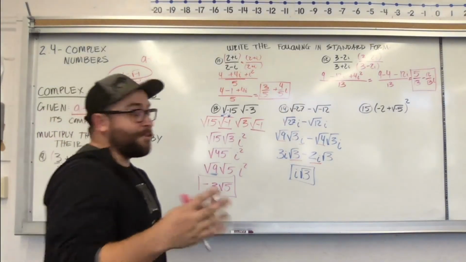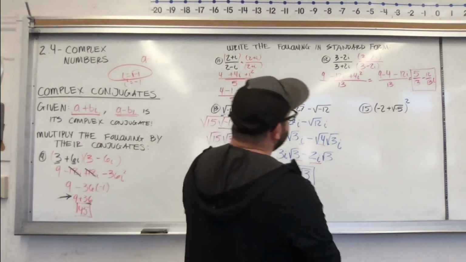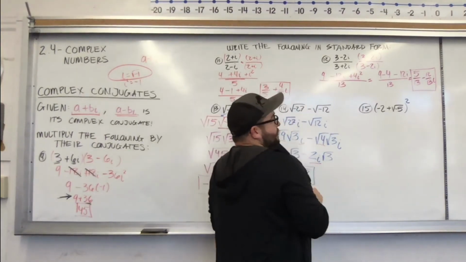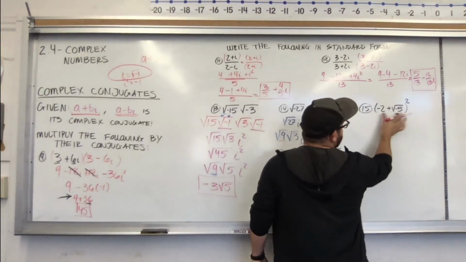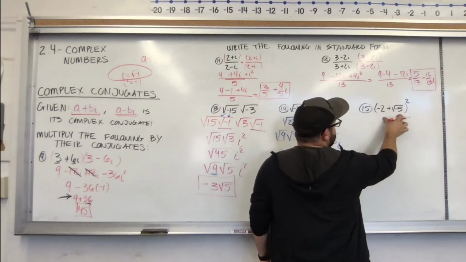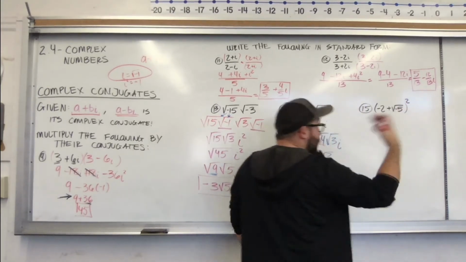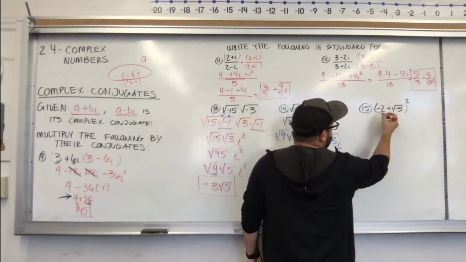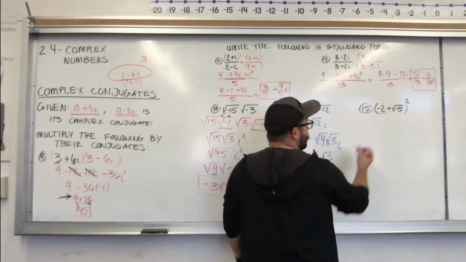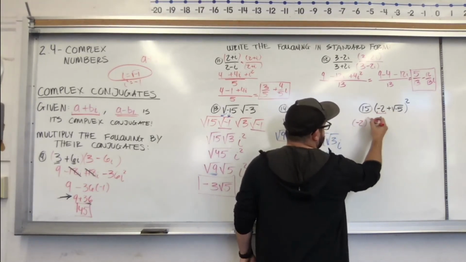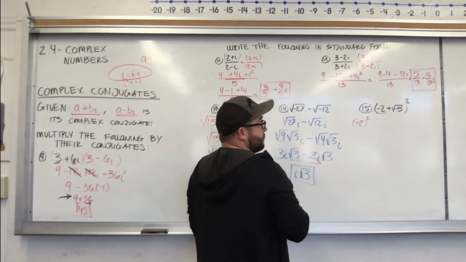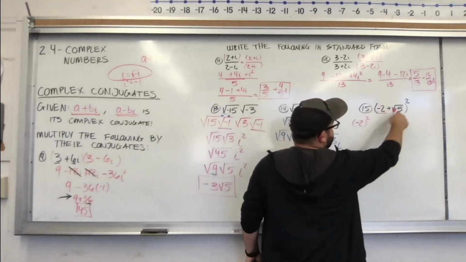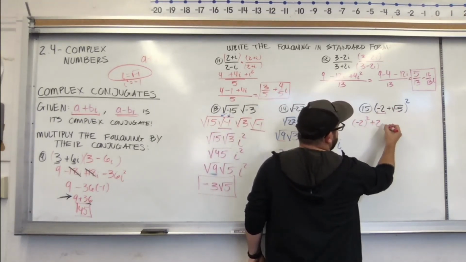All right, hopefully you tried number 15. It's a fun one. So this right here, it's some binomial squared, and we have a process for that, right? First, we square the first piece, negative 2 squared. We're going to multiply these two pieces together and then double it.